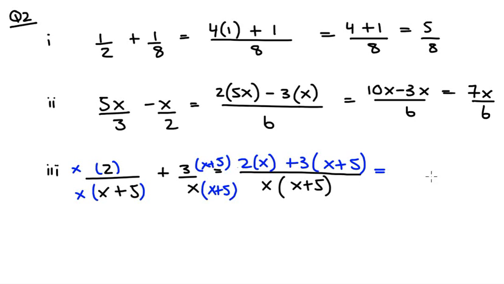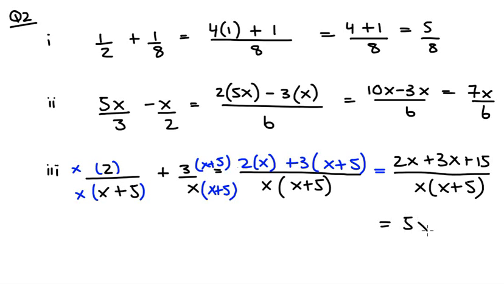And then we simplify. So 2x plus 3x plus 15 all over x by x plus 5. 3x plus 2x gives us 5x, so 5x plus 15 over x plus 5. So that's question 2.